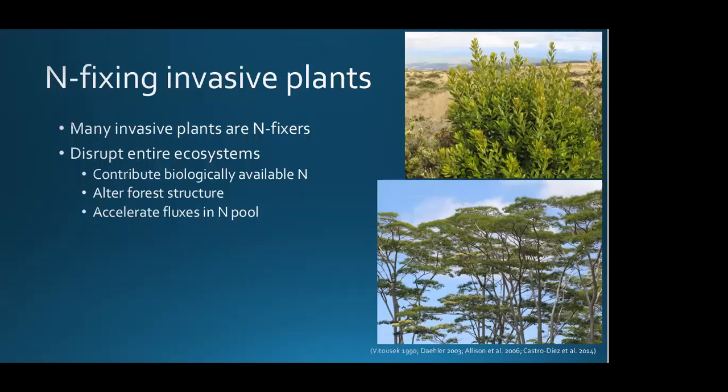By contributing more biologically available nitrogen to soils, altering forest structure, creating changes in the amount and quality of litter, and contributing to elevated enzyme activities in the soils, positive feedbacks in biogeochemical processes can alter outcomes for developing and existing ecosystems. We have witnessed these consequences here in Hawaii with the invasive nitrogen-fixing trees Morella faya and Falcataria moluccana.